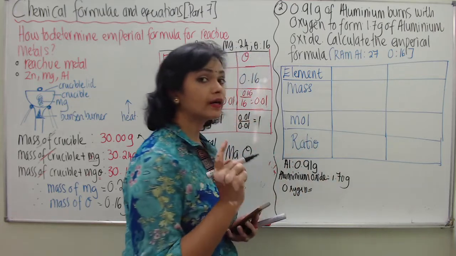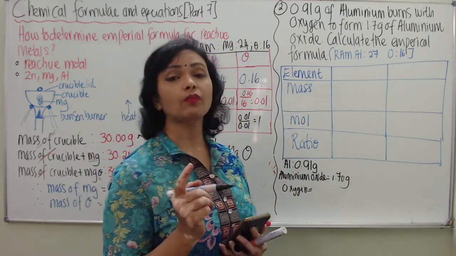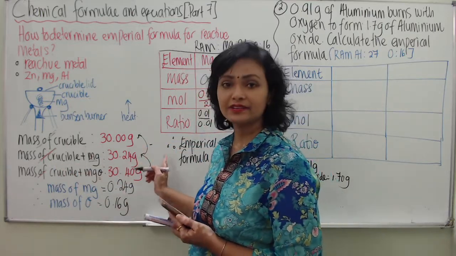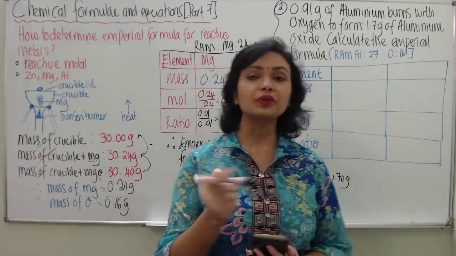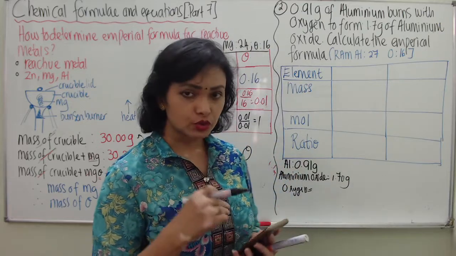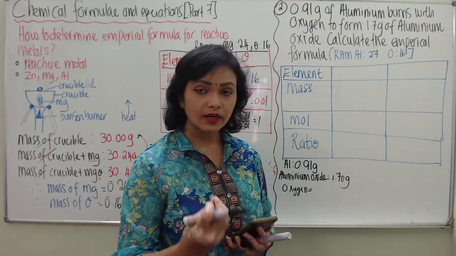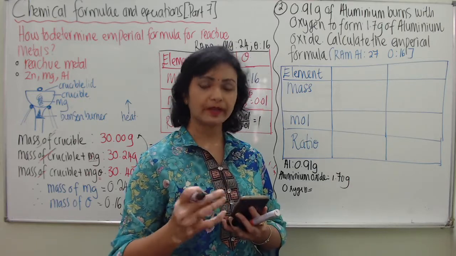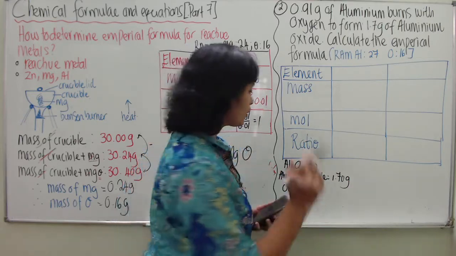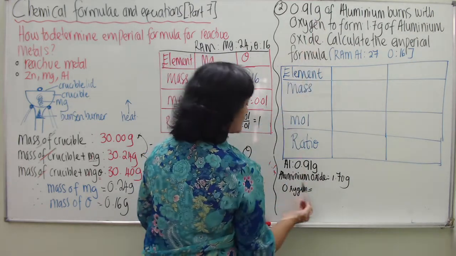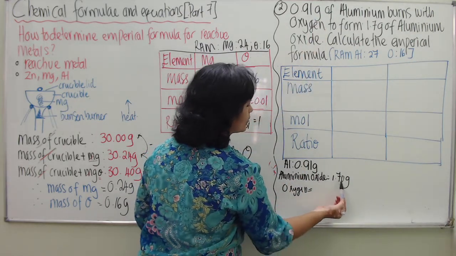Now, please remember, calculation of empirical formula is not always going to be as straight and direct like this. Sometimes the calculation will be in this way. So, students have to know what you are calculating, what mass you need to minus in order to get the mass. Here aluminium 0.91 is already given. Aluminium oxide is 1.70.